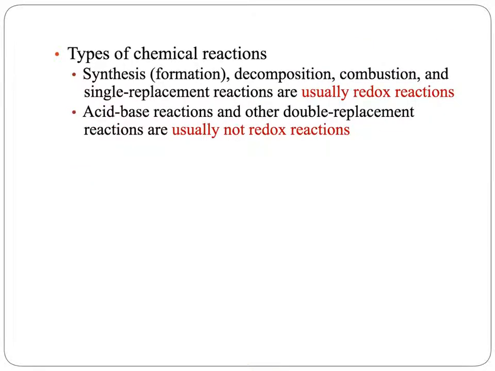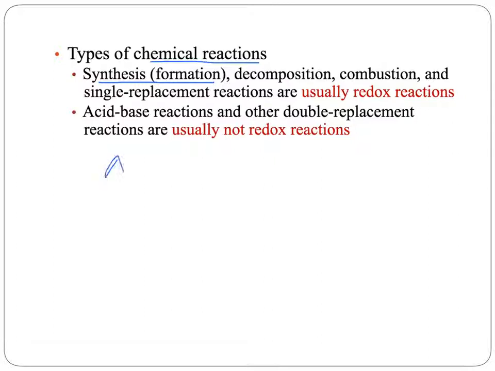You remember back to the beginning of this course, we talked about different types of chemical reactions. There are a number of ways that this can be divided up, so not all sources will use these exact same divisions. But generally, we talked about formation or synthesis reactions that make a product from elements.